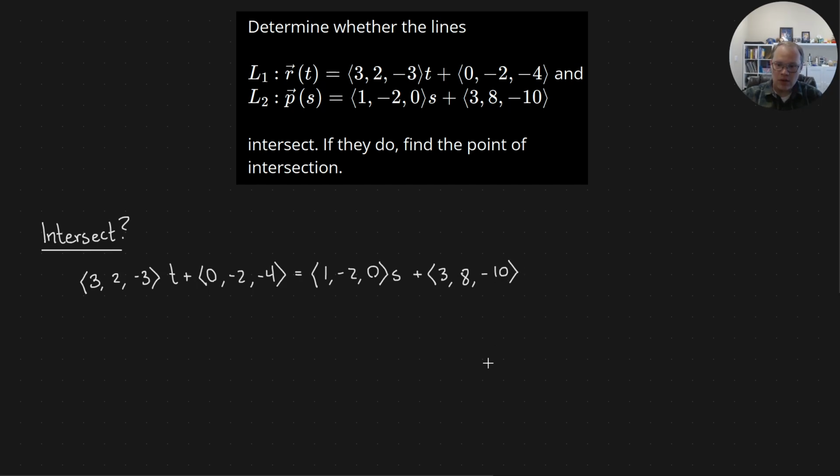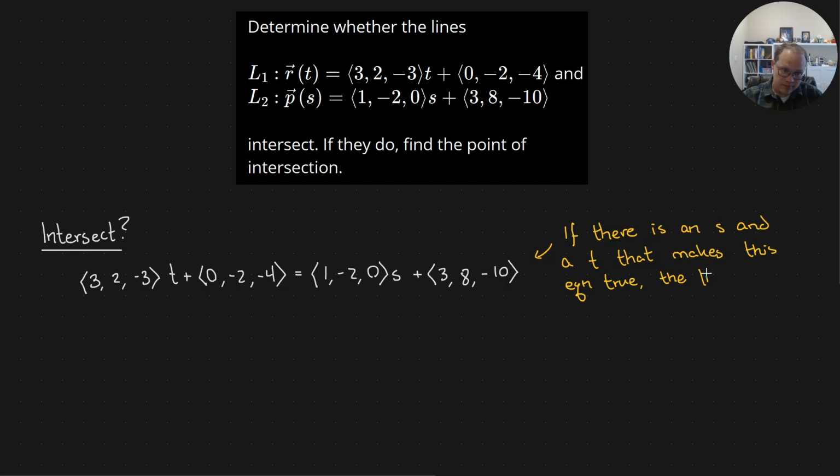If this equation has a solution, then they intersect. If there is an s and a t that makes this equation true, the lines intersect.